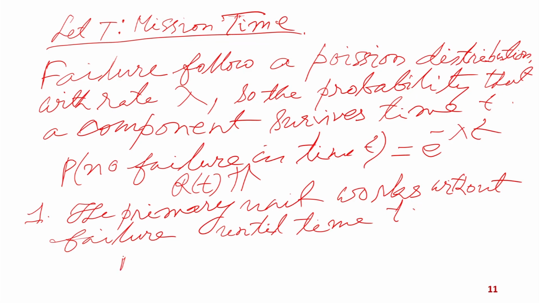So, this is P1(t) = e to the minus lambda t. This we will write as equation number 1.